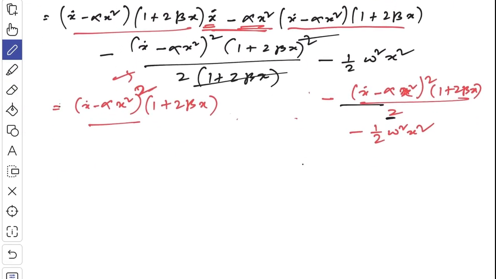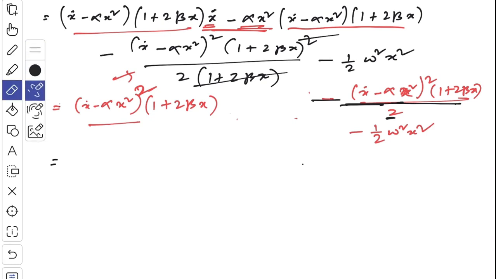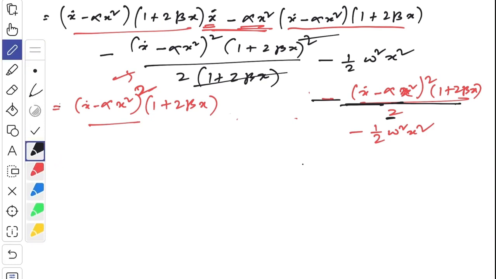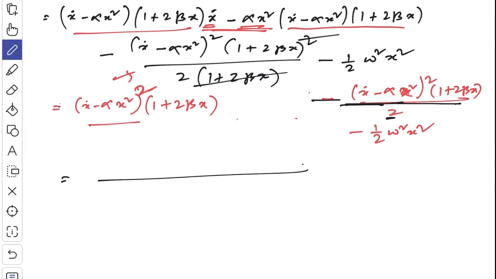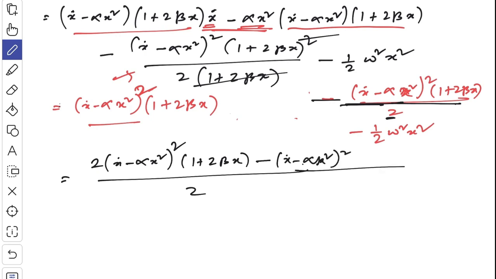Now from here we can take 2 LCM here. So after taking 2 LCM, what we will get: 2 into (x dot minus alpha x square) whole square (1 plus twice beta x) minus (x dot minus alpha x square) whole square into (1 plus twice beta x).